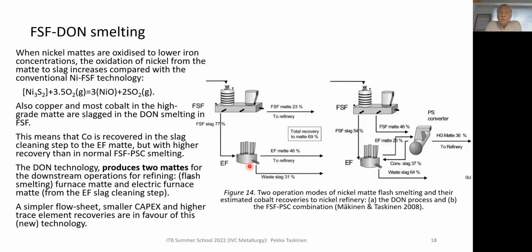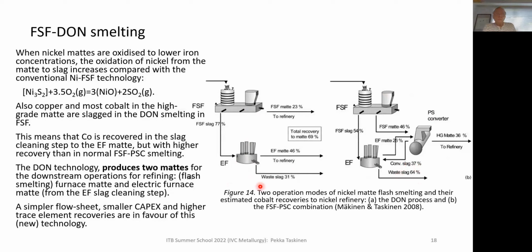So we doubled the recoveries of cobalt in this new flow sheet, and the nickel recovery was not worse than in the previous flow sheet.